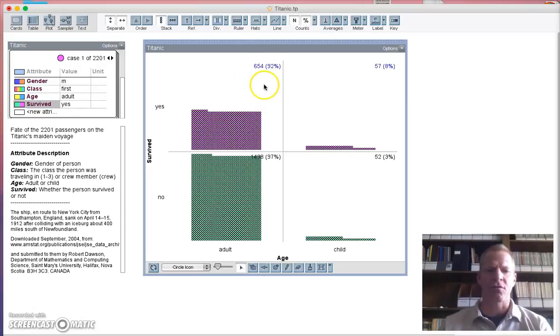Well, yes, of course, adults had a greater percentage of the people who survived. But when you look at who is more likely to survive, children are much more likely to survive than adults. And that kind of makes sense. They probably were putting the children in the boats to be rescued first.